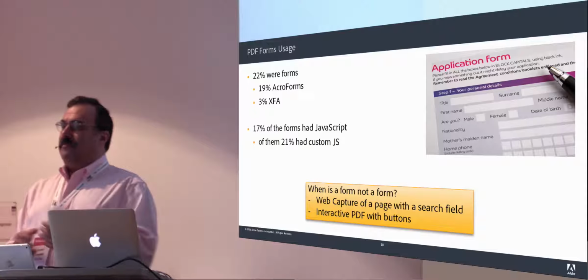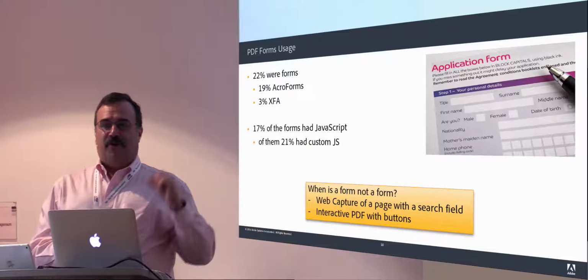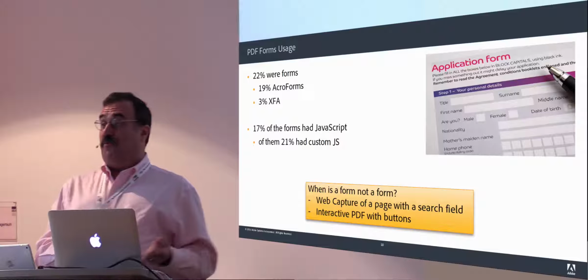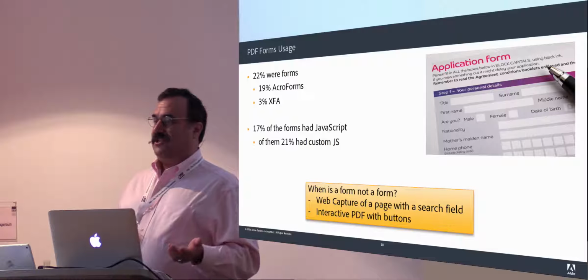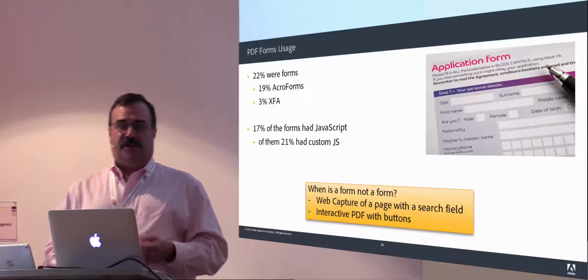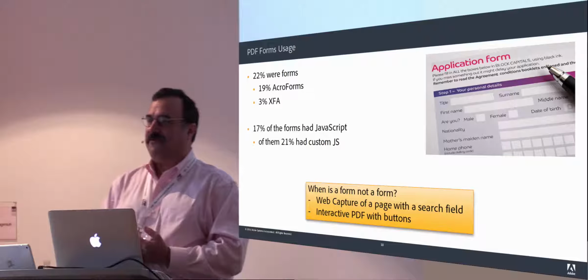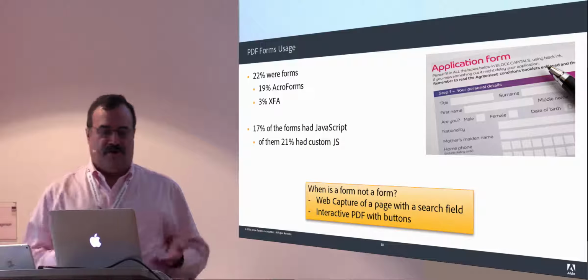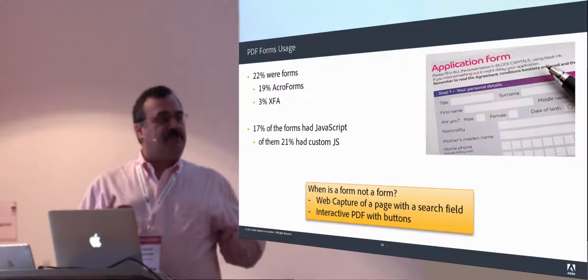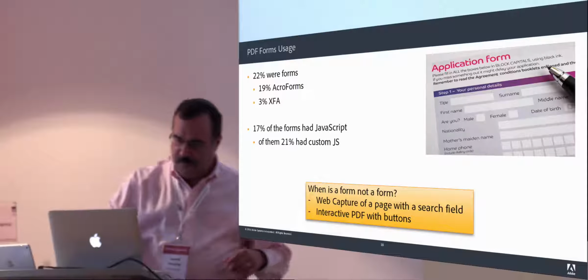For example, if you web capture a page that has a search field on it, that will give you an AcroForm dictionary and a form widget, but that's not a form. And documents with buttons that aren't form related, like an interactive PDF. You look for the form dictionary, you'll think of it as a form, and it's not. So, some interesting things to think about as you try to analyze what is a form.